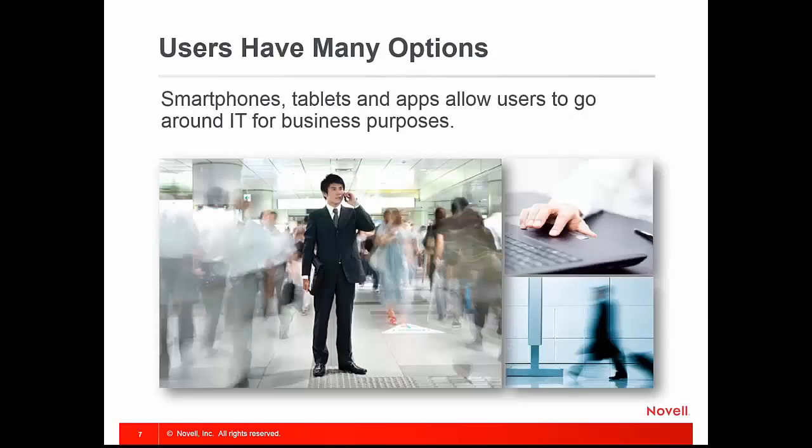So with all those new options, users are going around and bypassing IT departments, and this is not a good thing. Consequently, IT departments are faced with deciding how to protect their networks and manage technology that they perhaps did not procure or provision to begin with.